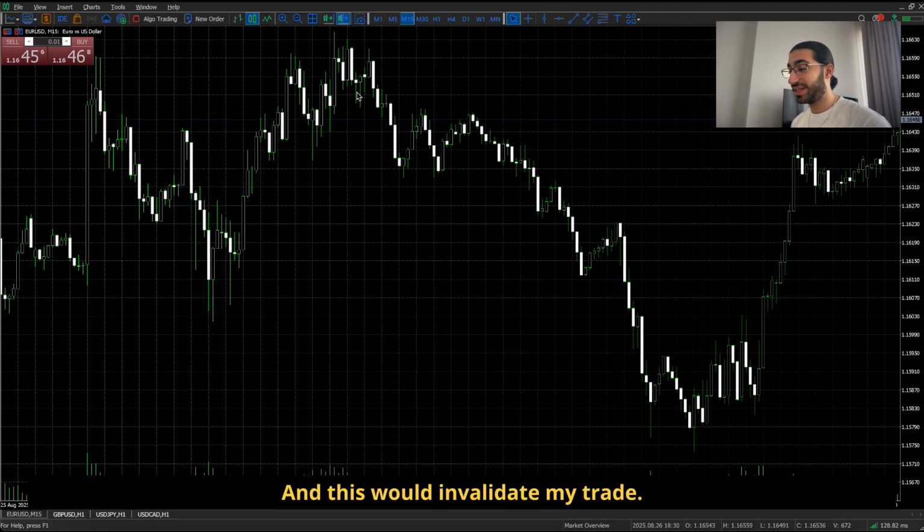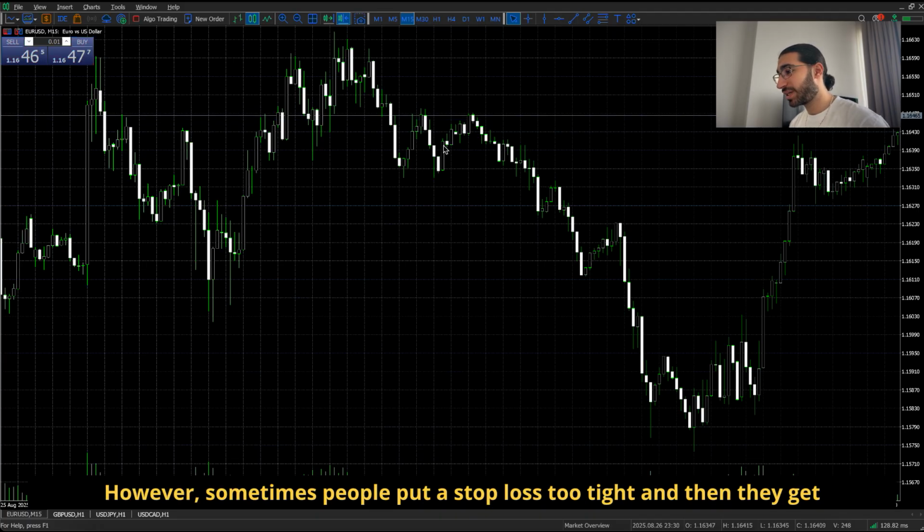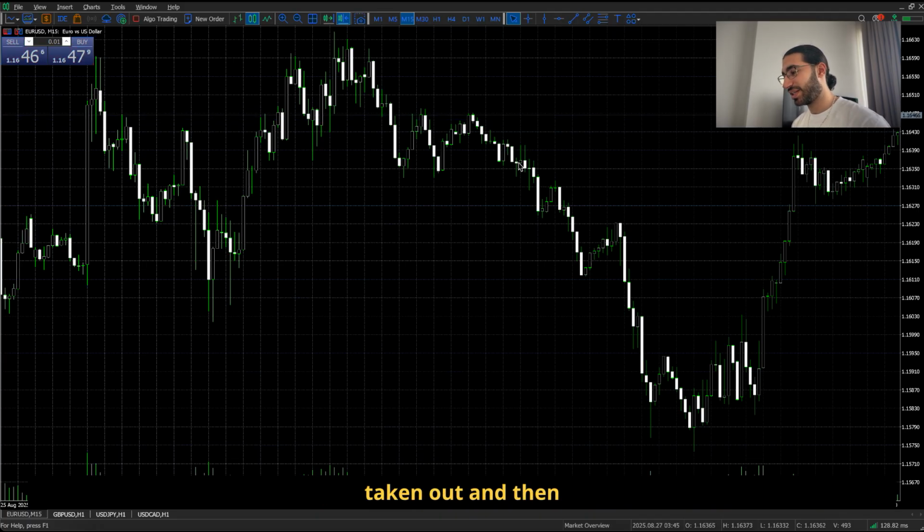And this would invalidate my trade. However, sometimes people put a stop loss too tight and then they get taken out and then the price goes in their favor.